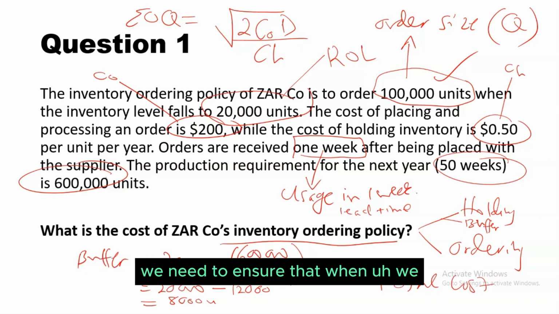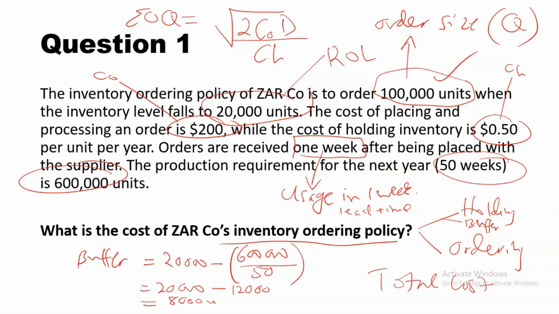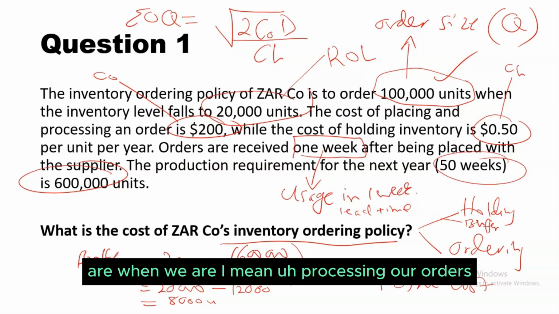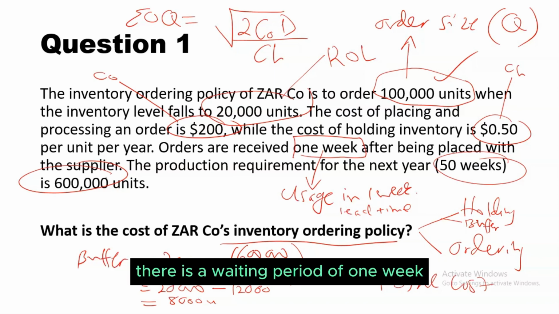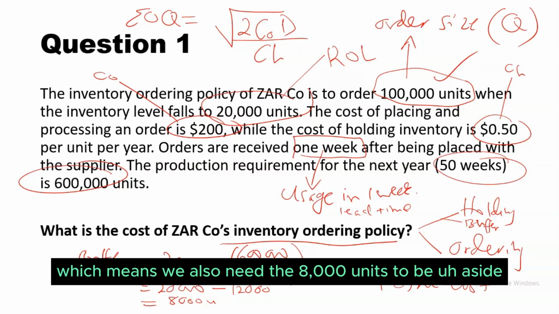We need to ensure that when we are processing our orders, we also have to consider that there is a waiting period of 1 week, which means we also need the 8,000 units to be set aside.